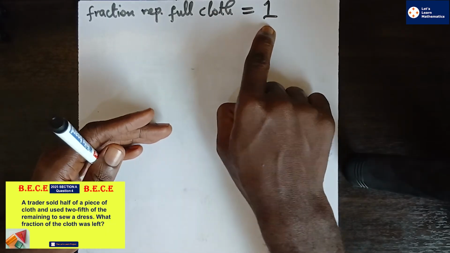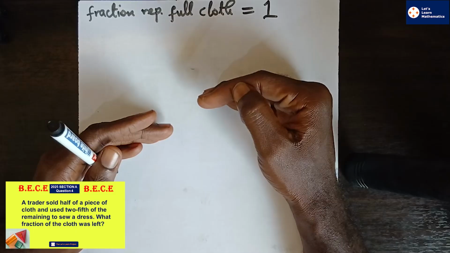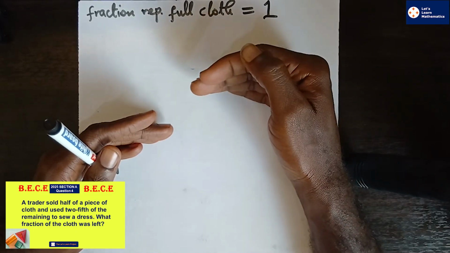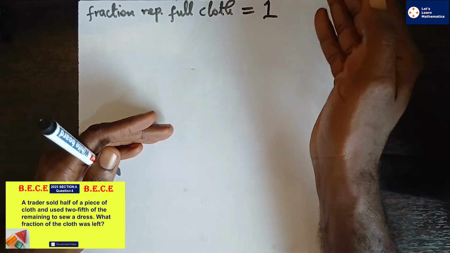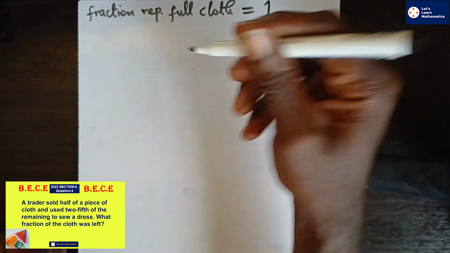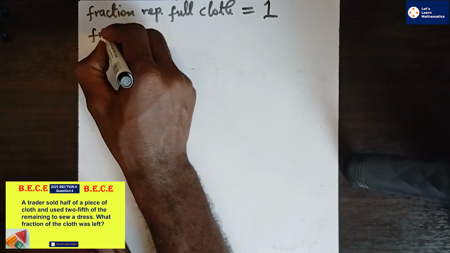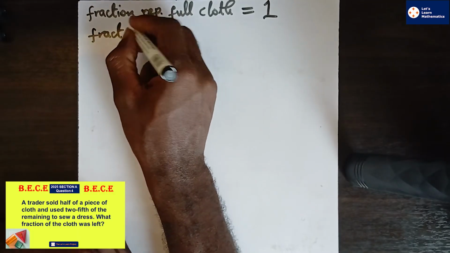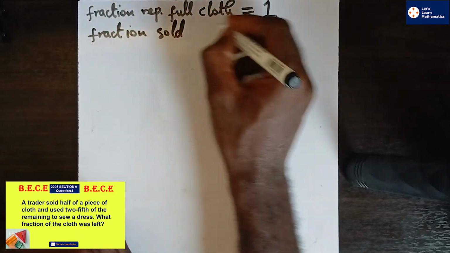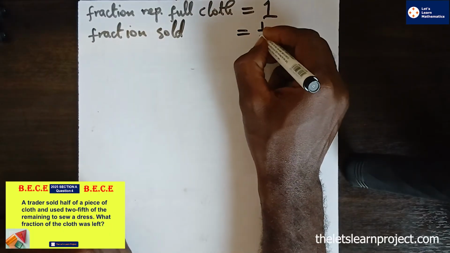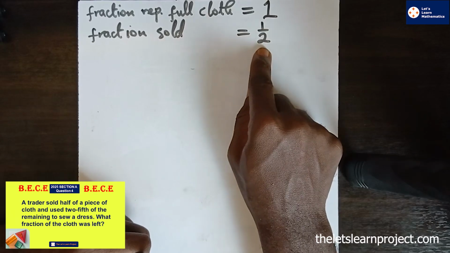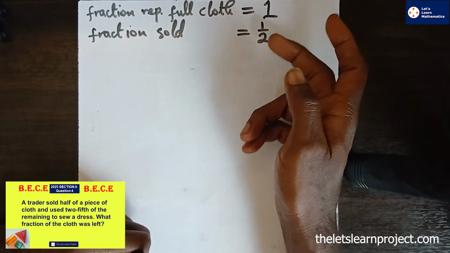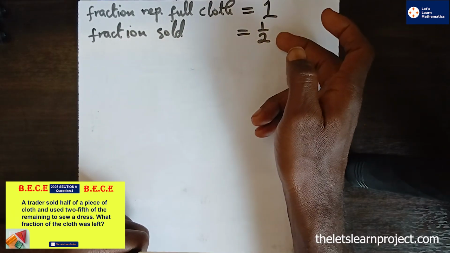Now it says that half of it was sold. It said the trader sold half of the piece of cloth. So you can say that fraction sold is half. Now if half of the cloth is sold, it means the remaining is going to be just 1 minus half.